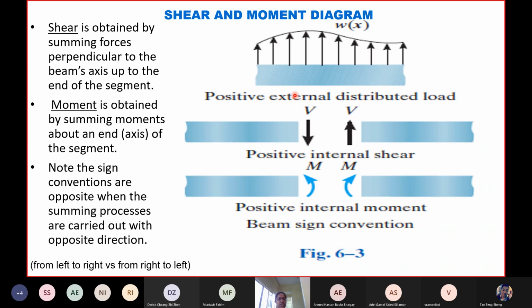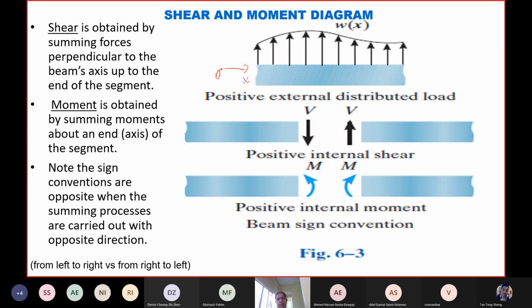Diagrams can be plotted like this: shear force diagram. When the loading is applied, it will be like this, W running from one end, with X ranging from this to this. When you analyze in this direction, X is in this direction. This is the origin.